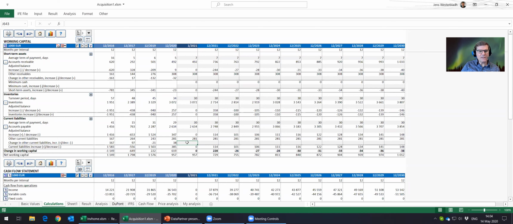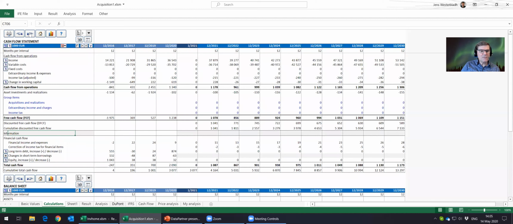Again, it varies, and it's not so systematic and not relevant. So we keep it on the same level, no changes. And the working capital is much lower than before. So we are more efficient regarding the working capital. We plan to be more efficient than it historically has been.